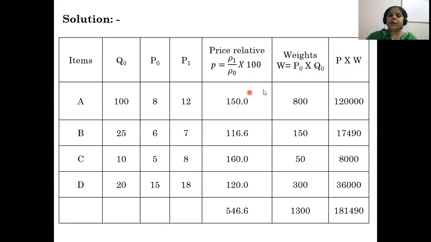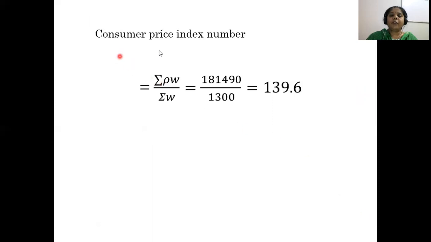So 150 into 800, 1,20,000; 17,490; 160 into 58,000; 120 into 300, 36,000; 546 into 1,300. The total of PW, price relative into weights, comes to 1,81,490. Okay, students, so now we have to write the formula.